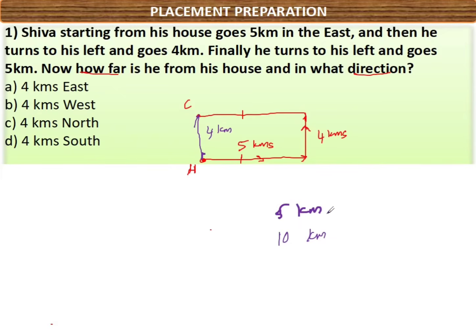Sir, my home is 5 kilometers away from my college. Suppose you are telling, sir, my home is 10 kilometers away from Majestic. You have to mention from where you are seeing. Similarly, if you want to tell the direction or the distance, from where you are seeing matters a lot.